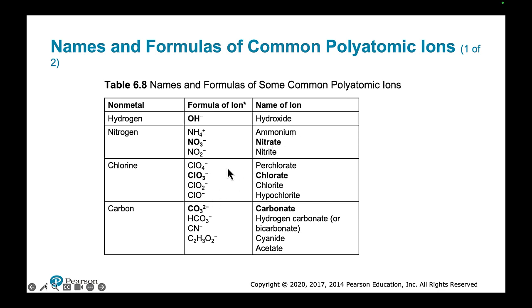For the chlorine-based ones, we have ClO4 minus is perchlorate, ClO3 minus, so one less oxygen, is chlorate. Another oxygen less is chlorite, and then hypochlorite is ClO minus. The two here that I want you to know are chlorate and chlorite.